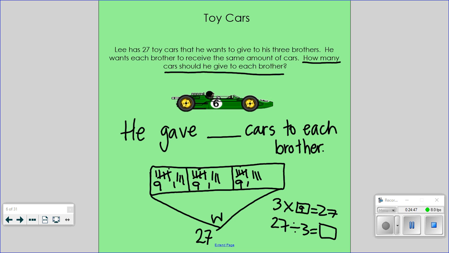How many did 1 brother receive? 9. Lucy? 9. So how many cars did each brother, aka one brother, receive? Autumn? 9. 9 cars.